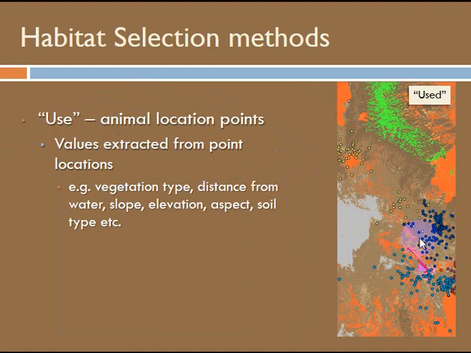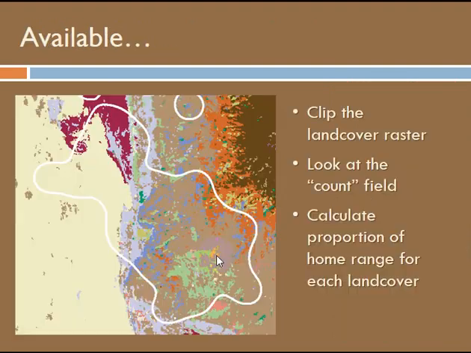And actually is in quotes because we know that there's some uncertainty with these locations. But we're going to just go ahead and plug them in their exact location and say, okay, here's what's actually getting utilized. So we're going to use a tool called extract value from point, where it just drills down at every location of the point to the land cover raster and assigns that land cover raster value to the point location.